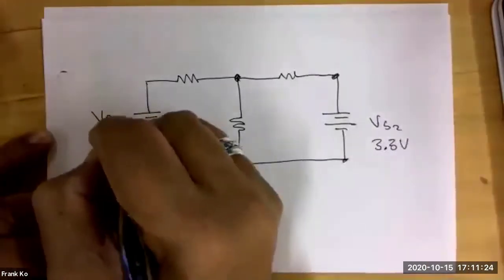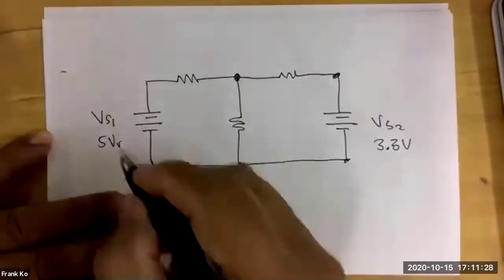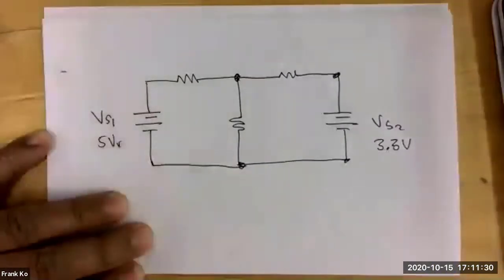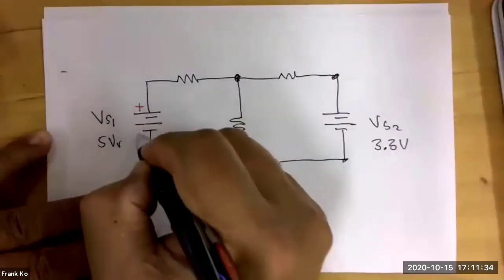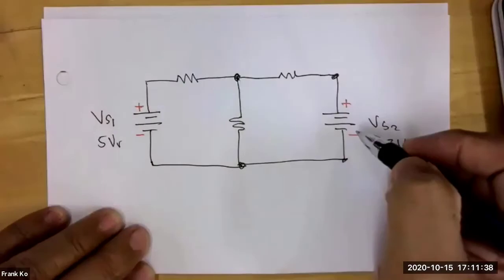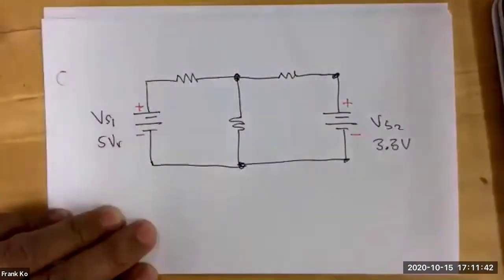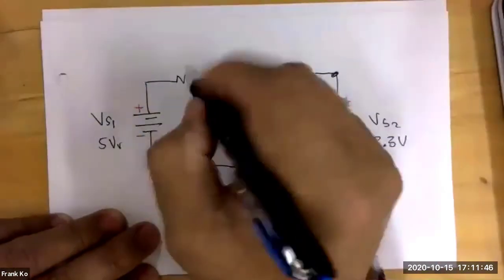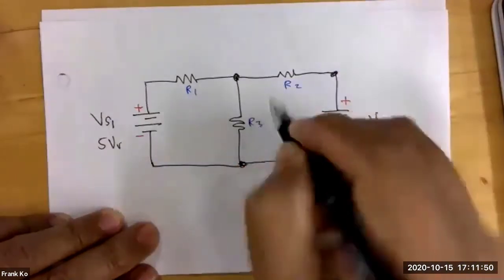This is VS1 of 5 volts. We have our polarities. Now the polarities of the sources are absolute. They can't change. They are however they're marked. But we do have very specific polarities across our R1, R2, and R3. At this point in time, I don't have to write in the ohms, but I should write R1, R2, and R3.